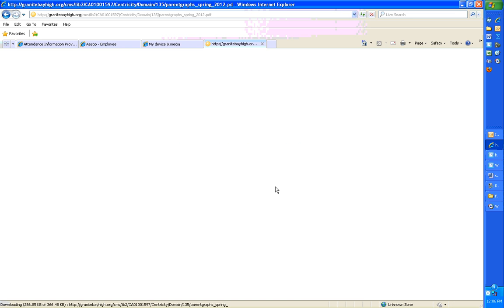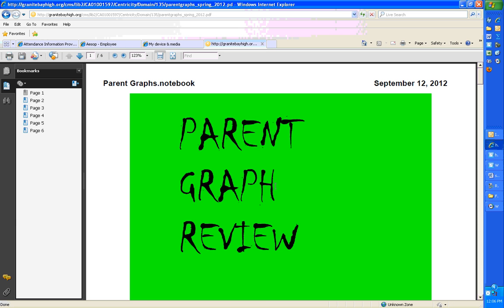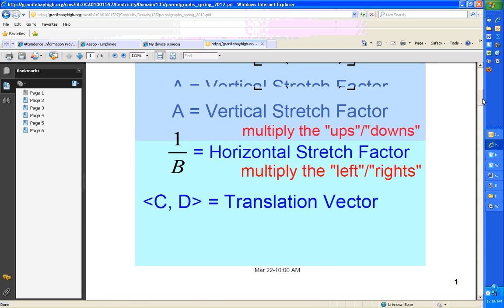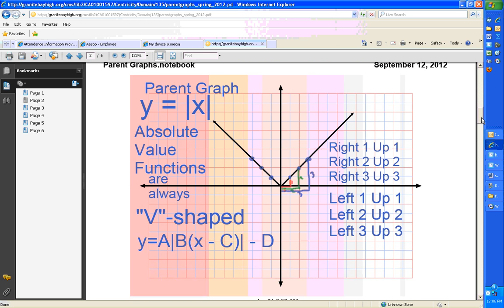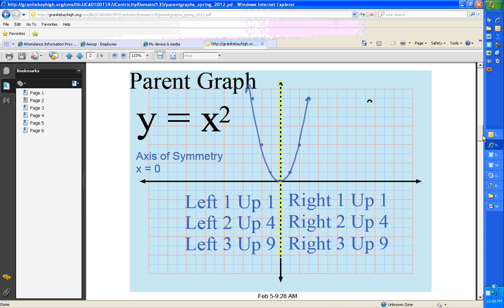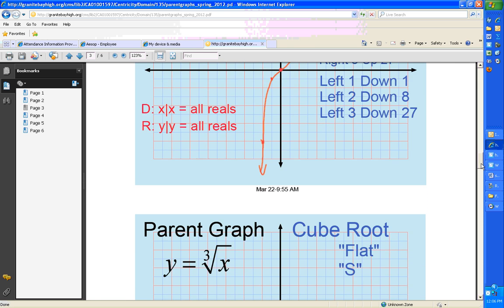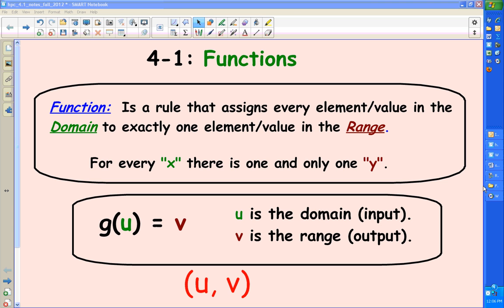If you click on that, you'll see a pretty good review of parent graphs talking about stretch factors. We're going to have horizontal stretching, absolutes, quadratics, cubics, cube roots, square roots. Everything's there, so you're going to want to take a look at that. And obviously that page just disappeared, so we're just going to have to not worry about that.